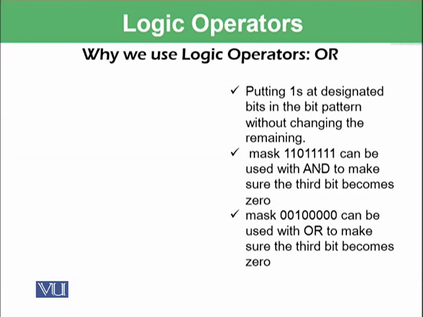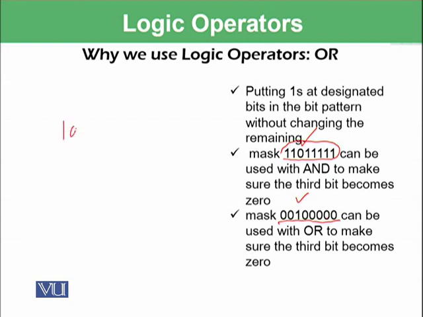And then, for example, when to use OR: putting 1 at designated bits in the bit pattern without changing the remaining ones. You can do it using an OR operator. Similarly, you can use a mask with AND to make sure that the 3rd bit becomes 0, because the others are 1 and will not change the remaining bits of the input. And you can use a mask to make sure that the 3rd bit becomes 1 and the other bits remain unchanged.